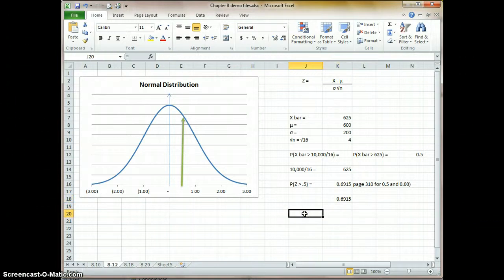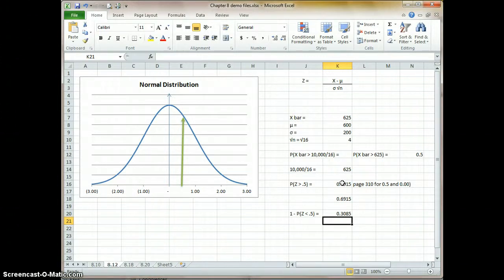And now we would go probably 1 minus P for Z less than 0.5 is equal to, again here we're going to go equal to 1 minus, and we can pick either one of those, 0.3085.